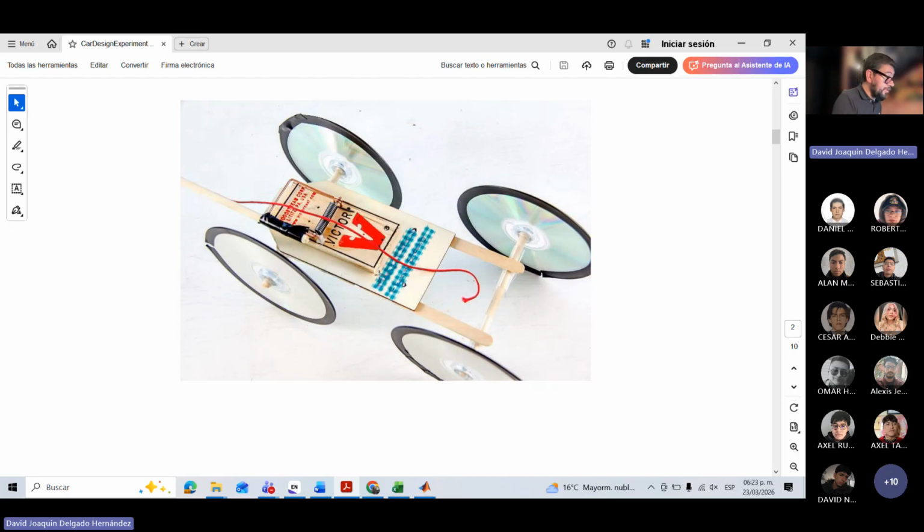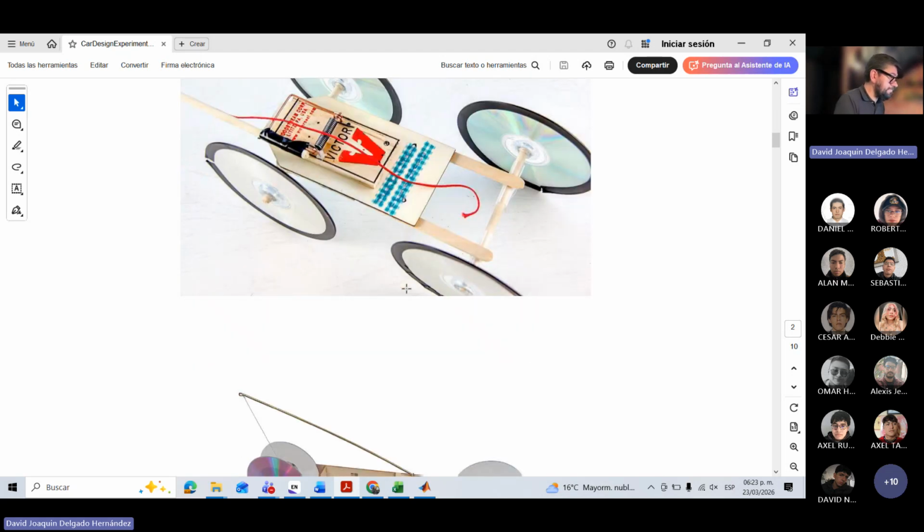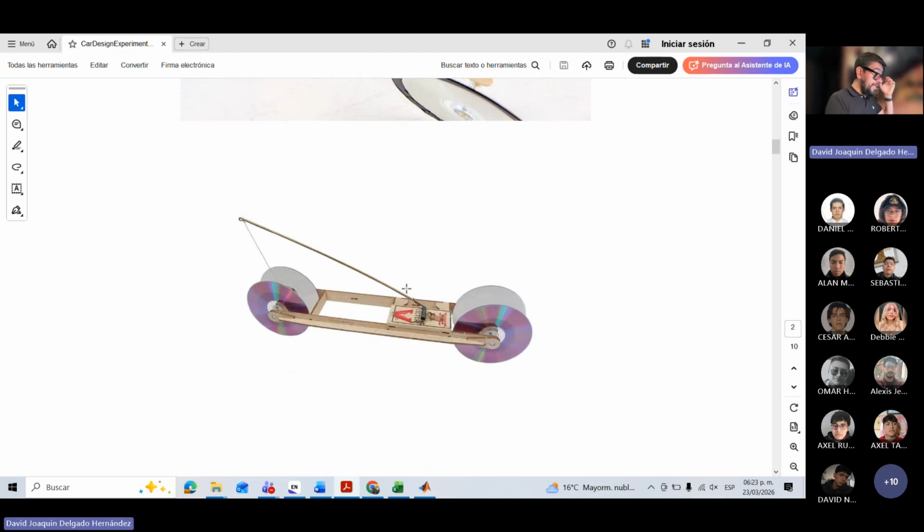This is just an example of how your car will look at the very end of the design process. The idea is that you have to use your creativity, your imagination, but also the experimental design concepts that we have learned in this lecture to design this car.